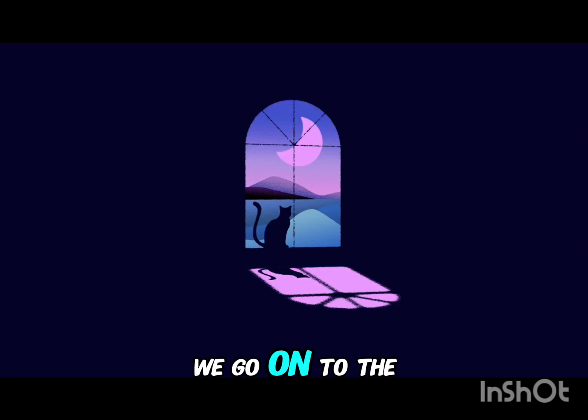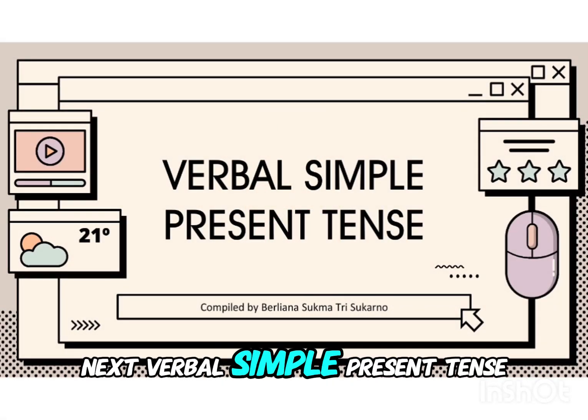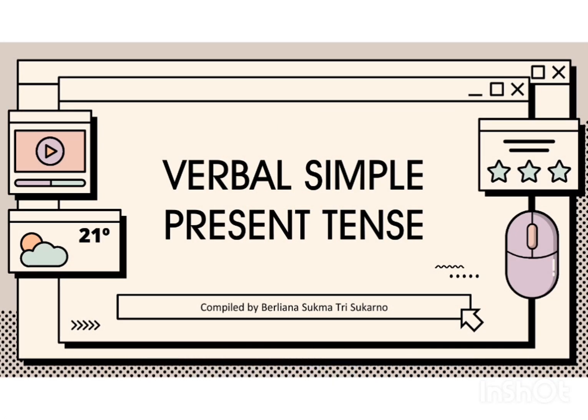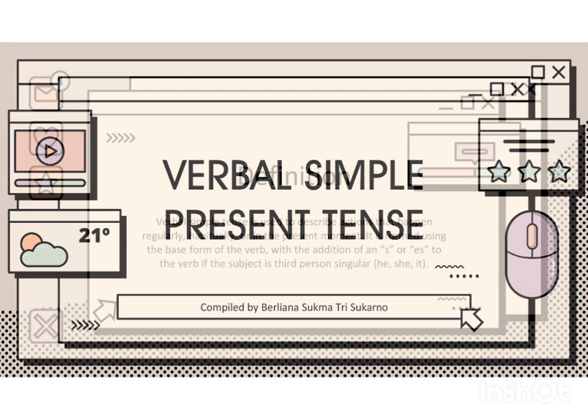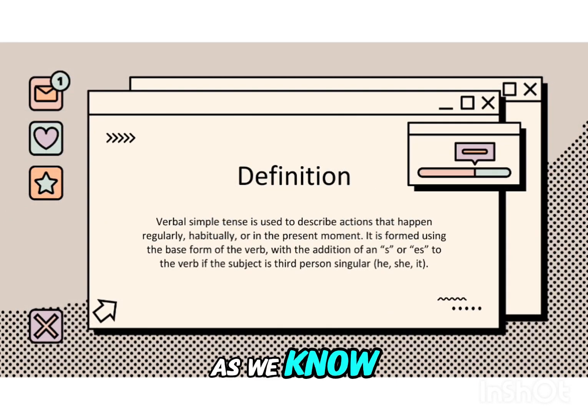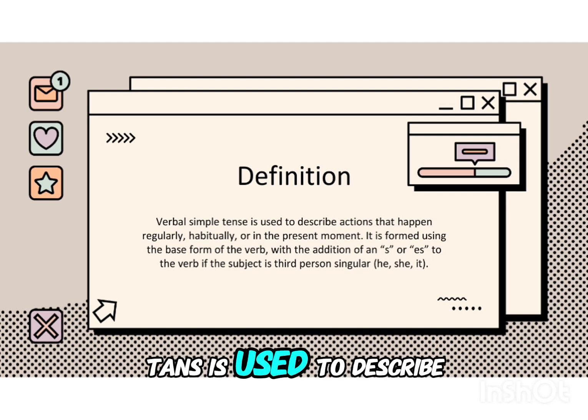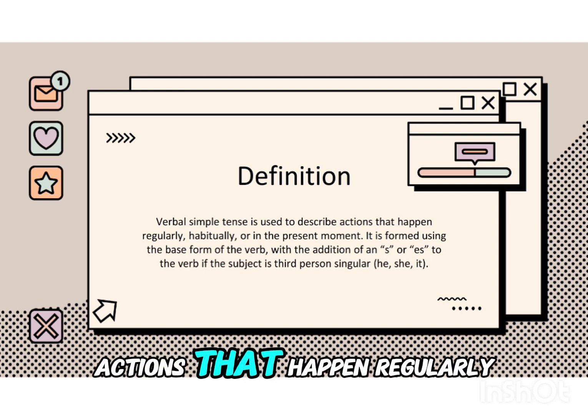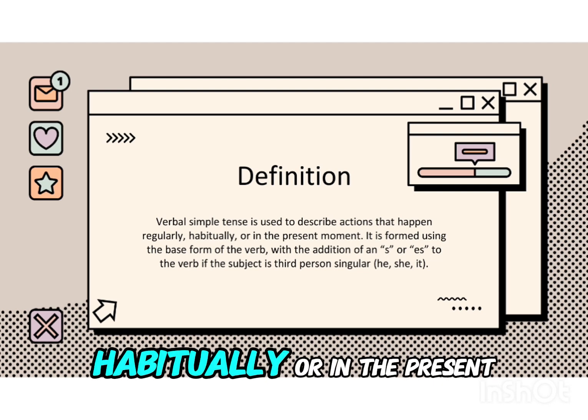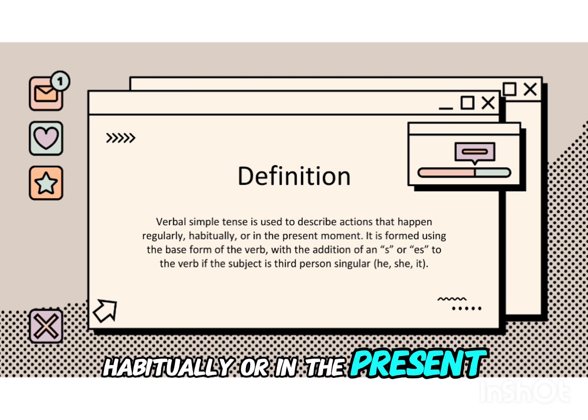We go on to the next, verbal simple present tense. Alright. As we know, verbal simple present tense is used to describe actions that happen regularly, habitually, or in the present moment.